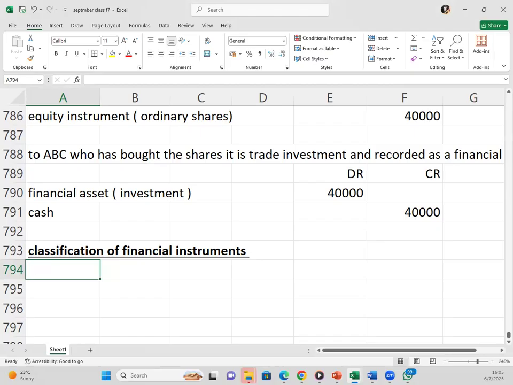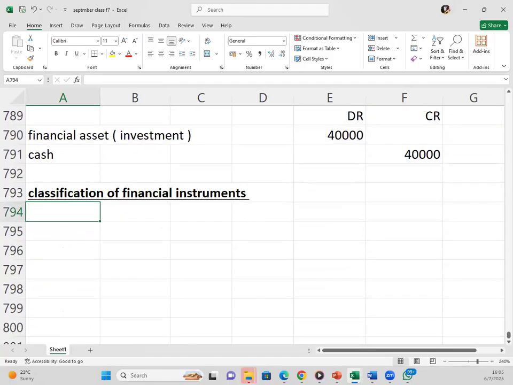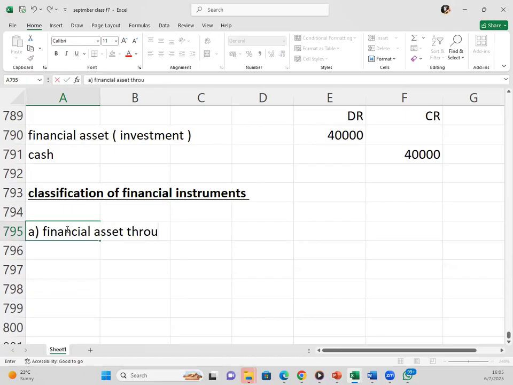So the first type of financial instrument we are going to talk about is the financial asset through profit and loss.